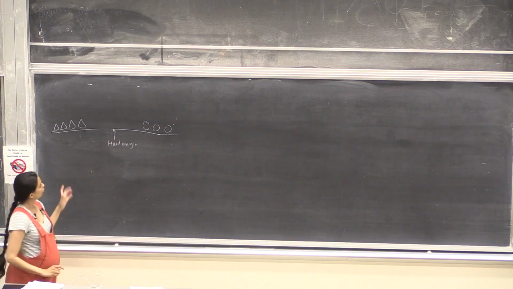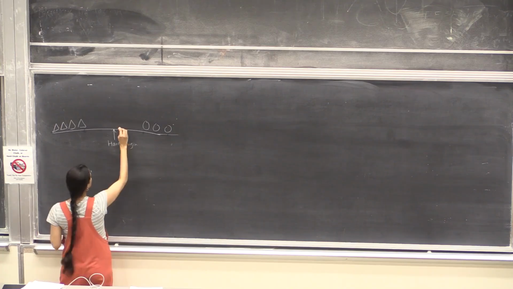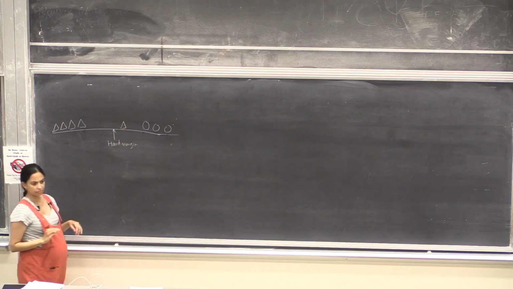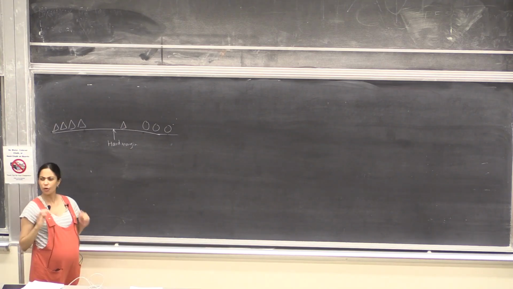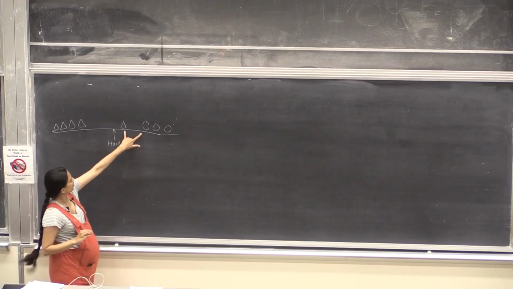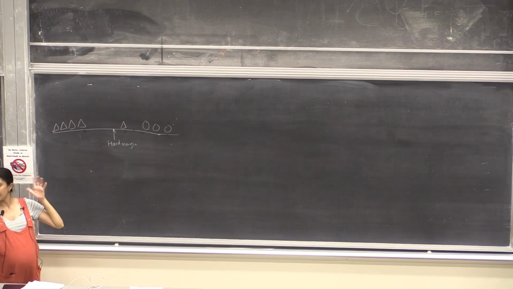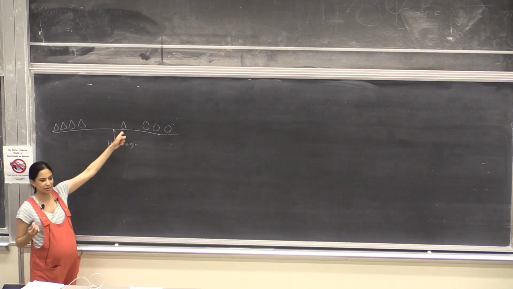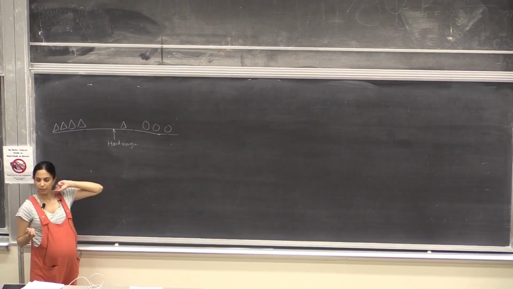Right? What if I had this data, but maybe I got another triangle here? If my data was instead like this, now where would my hard margin SVM put the classifying boundary? It would put it here, right? Which maybe is a good idea, maybe is not a good idea, but this does seem like an outlier, right? It seems like a noisy point. It seems like maybe there was some error, some noise that pushed it there.